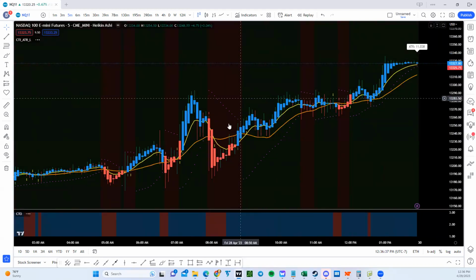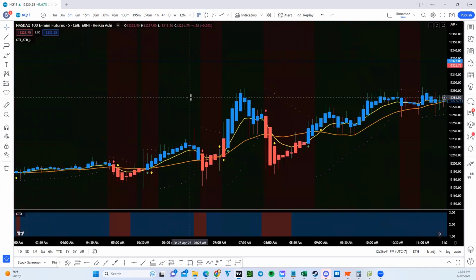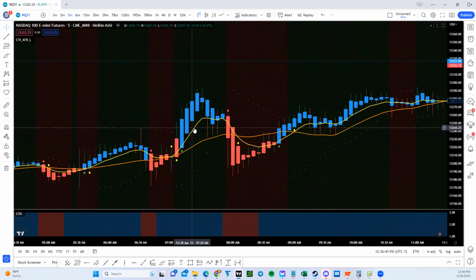Now, I didn't change the wicks, and I did that for a reason. The idea is that the body, kind of where the eyes are drawn, would represent the detection of trend. But if you look at the candles, you'll see that there are some where the wick itself is a different color than the body.